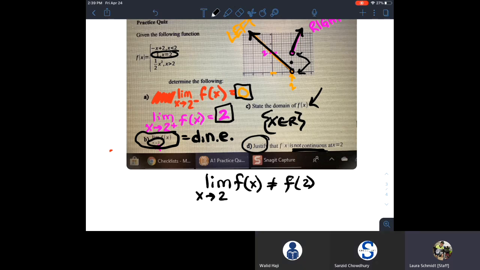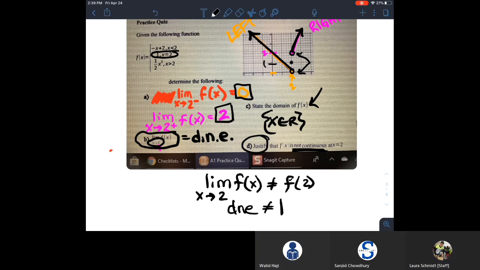So the limit as x approaches 2, first of all, doesn't exist. And the actual value of f of 2 is 1. Since those two values aren't equal, it's not continuous.